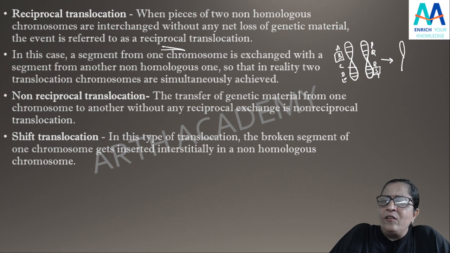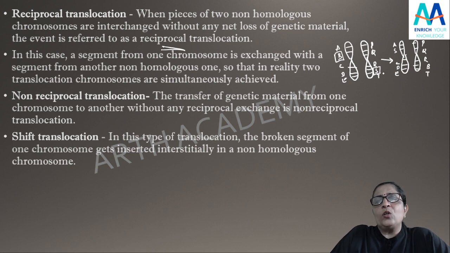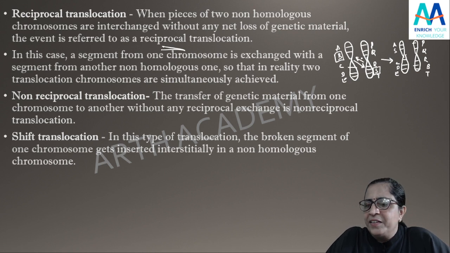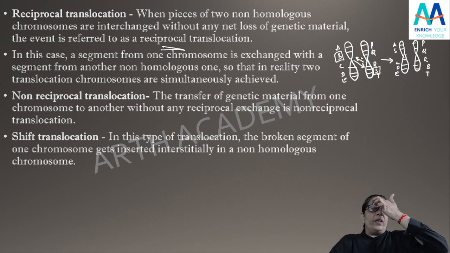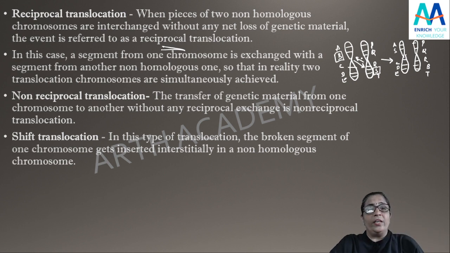So the new pattern what I'll get? I'll get A, S, C, D and E, and here I will get P, Q, R, B and T. So this is called as reciprocal. ये यहाँ का यहाँ गया और यहाँ का यहाँ आया, isn't it? So this is what is called as a reciprocal translocation.